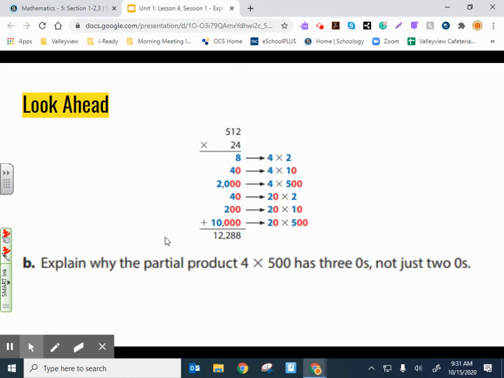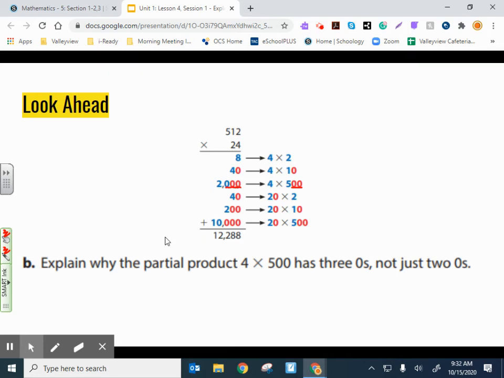All right, so this one's an interesting question. Explain why the partial product 4 times 500 has 3 zeros and not just 2. Notice it has the 2 zeros right there. And this actually has 3 total zeros.